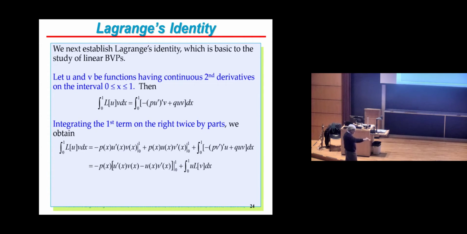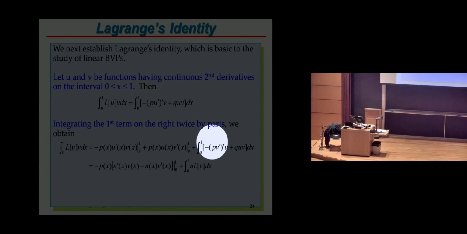I had to do it myself before I came here to be sure that the equation is typed correctly. So when you integrate by parts, this is what you get. Instead of having u, now you have v, and instead of having v, you have u. This term is already symmetric, q times uv, you don't touch it. And then you get two boundary terms. This first term evaluated at 1 minus the value at 0, and this evaluated at 1 minus the value at 0. So I'm expanding this, and it takes this nice form.